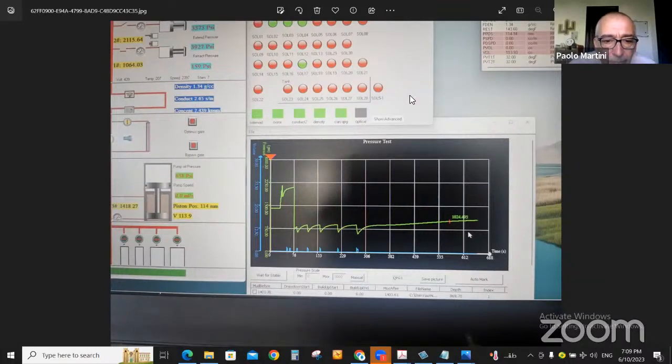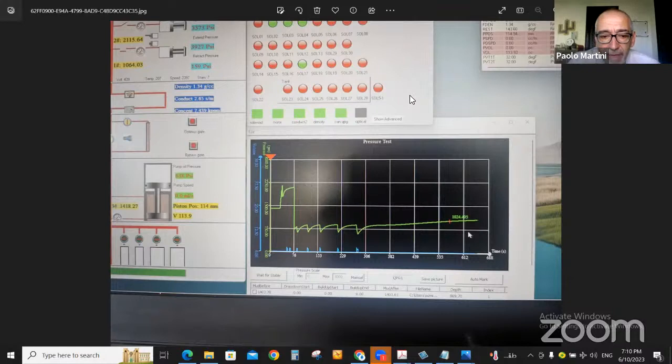I see the formation pressure is, let me just zoom in a little bit. How do I zoom in here? Okay, hold on a sec. Formation pressure, it's something like, I don't know, maybe 1,400.